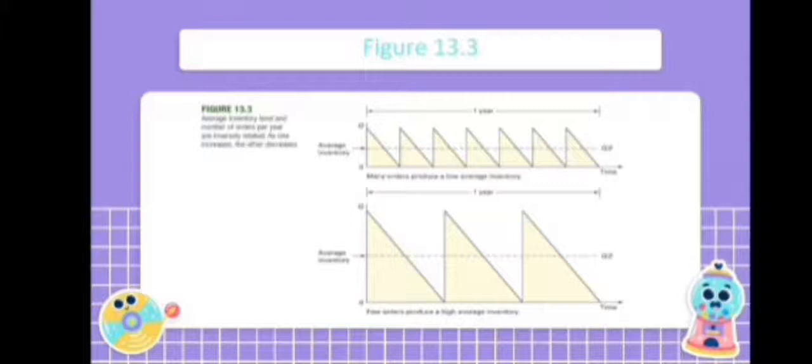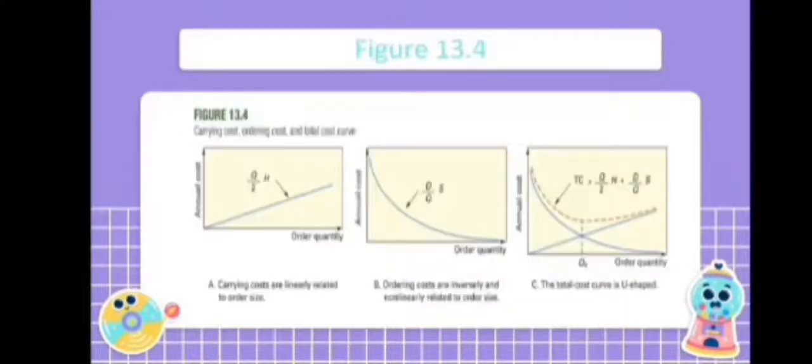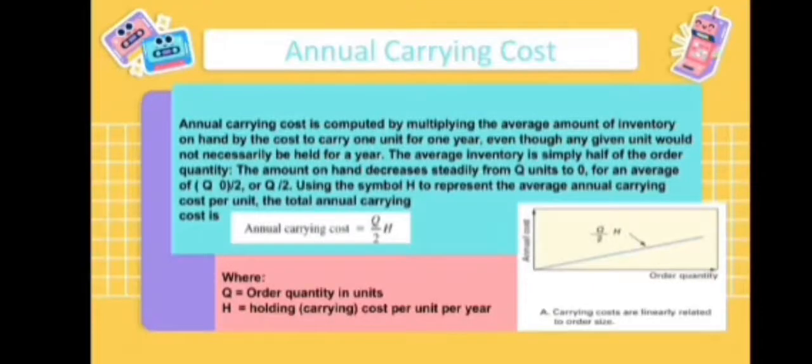Conversely, ordering large quantities at infrequent intervals can hold down annual ordering cost, but that would result in higher average inventory levels and therefore increased carrying cost. Figure 13.4 illustrates the carrying cost, ordering cost, and total cost curves.